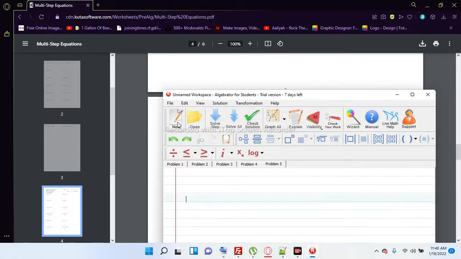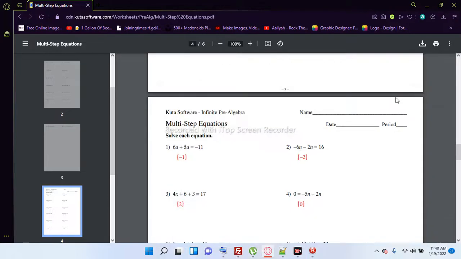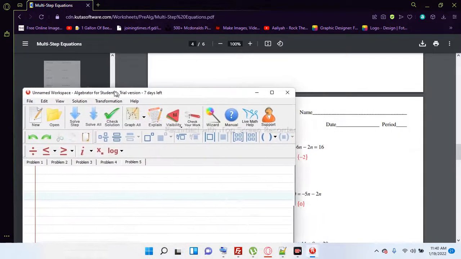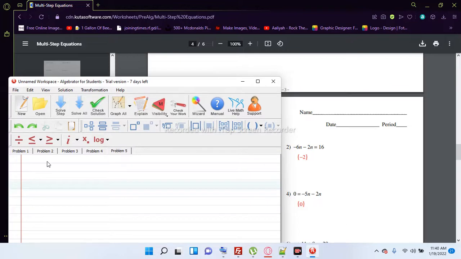So what we'll do is we'll go new. We'll grab another one, okay? And that'll be negative 6n plus 2n equals 16. Should be a negative 2. So we grab our little algebrator. We go here, and we go negative 6n.